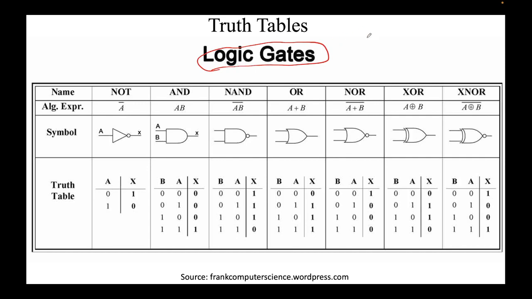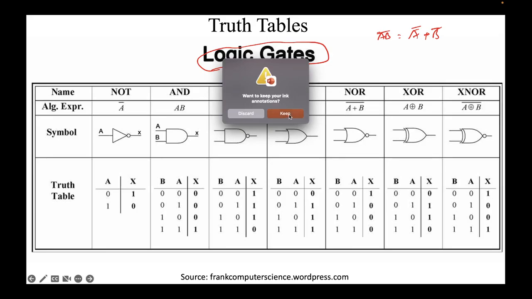From Boolean algebra on paper, which says that (A dot B) bar equals A bar plus B bar, how do we take this negation? What is to be done? And how do we add the two signals? The way to do it is we use a physical entity called logic gates. Every logic gate has a truth table associated with it. I'll tell you what we mean by truth table.